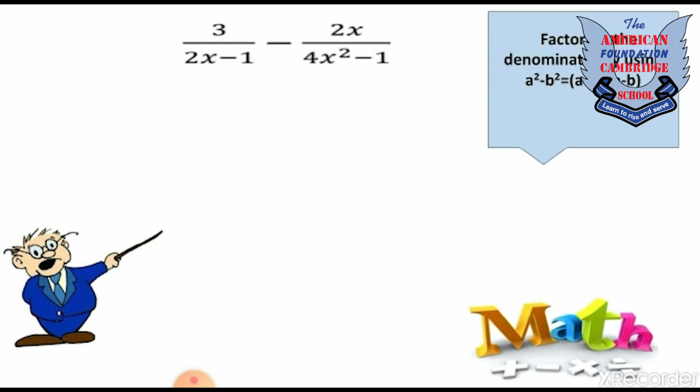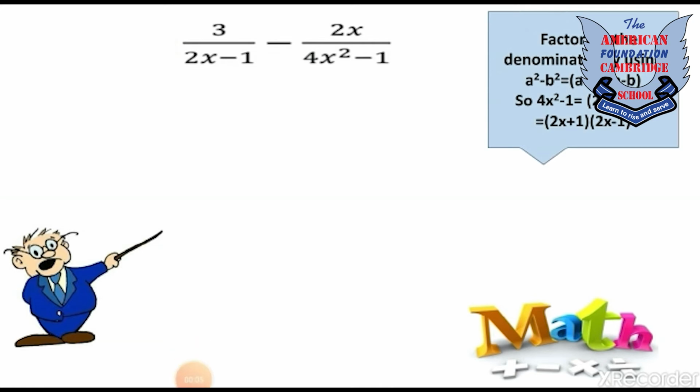4x square minus 1 can be factorized into the square of 2x minus the square of 1, and further it would be equivalent to (2x plus 1) into (2x minus 1) after applying the formula. We have done this concept before, so you know very well how to apply this identity.